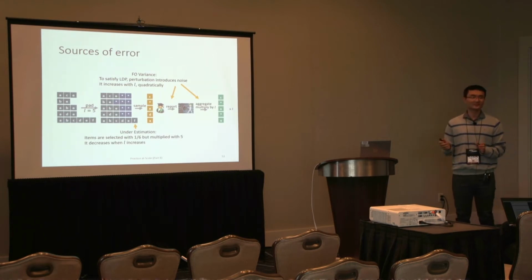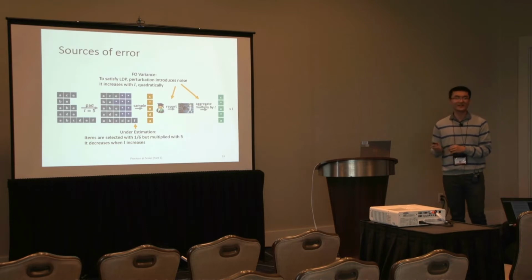Yeah, so another source of error is that if a user has many items, the truncation may make this biased. So there are basically two errors that L will affect. So it may be a trade-off how to choose L, right?